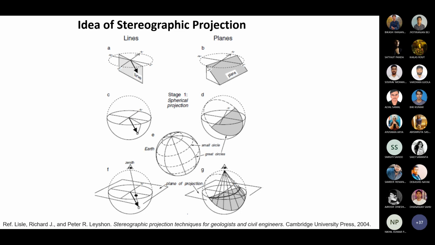If you start with stage one, look at the pictures. The structural line or plane is projected onto a sphere. So suppose you start by projecting a structural line. Figure A actually shows such a line as observed on the surface.